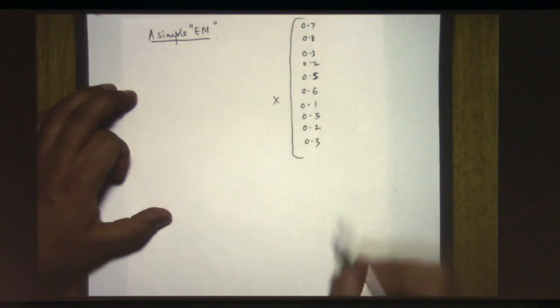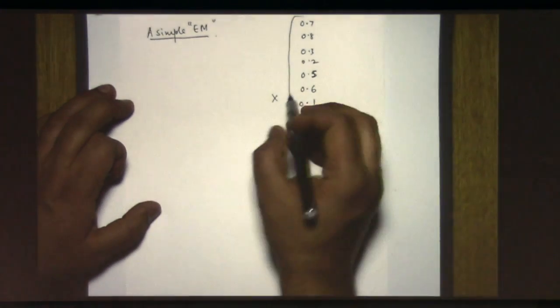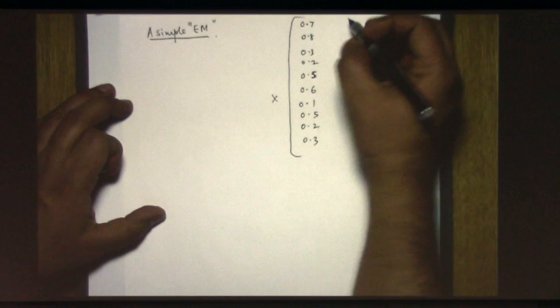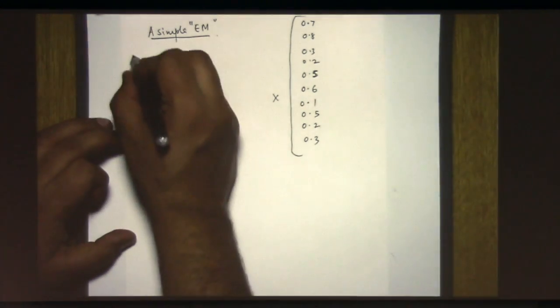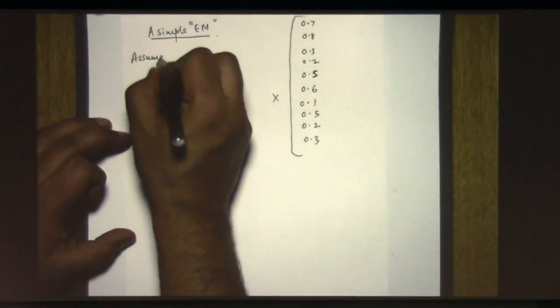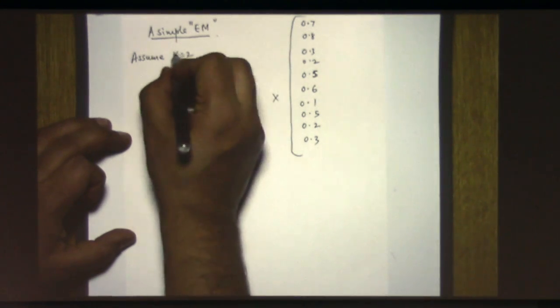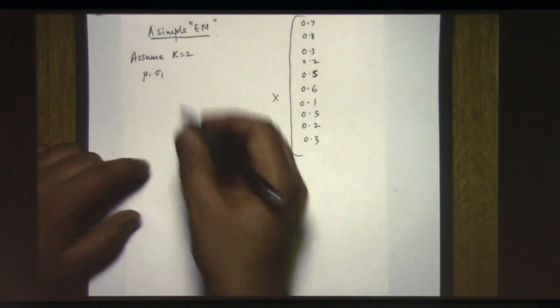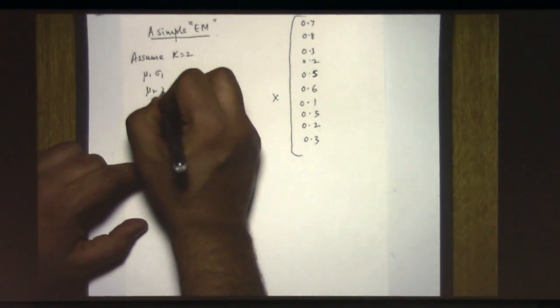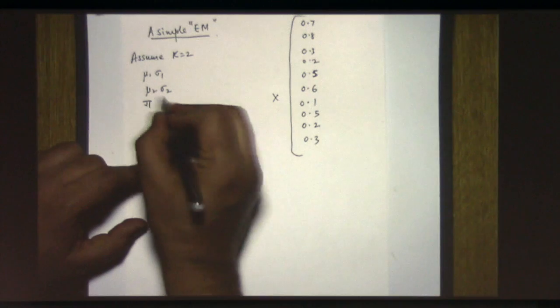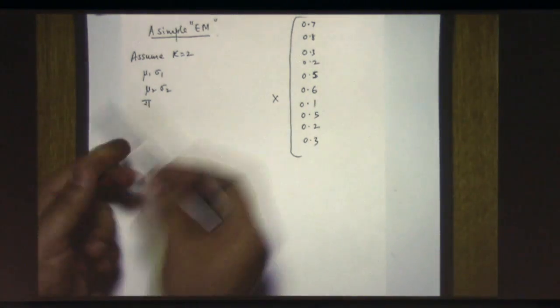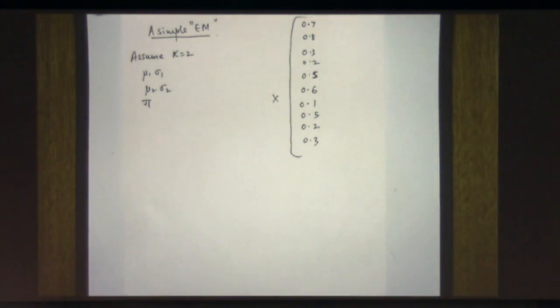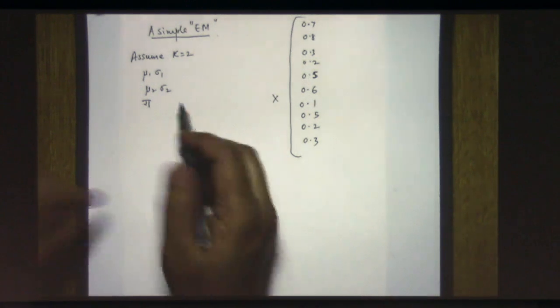And I'm assuming that k is 2, which means there are 2 mixture components. So I want to find mu1 and sigma1, and I'm also assuming each component is a Gaussian, and I want to find mu2 and sigma2, and I want to find pi. Pi is because we are assuming k is 2, so there will be one value which lets us decide which component to choose.